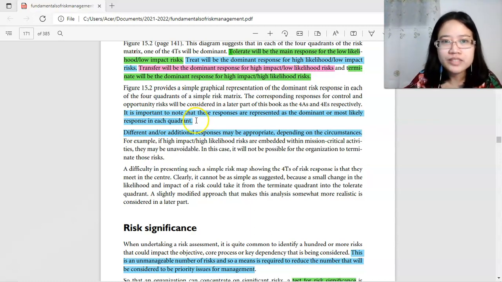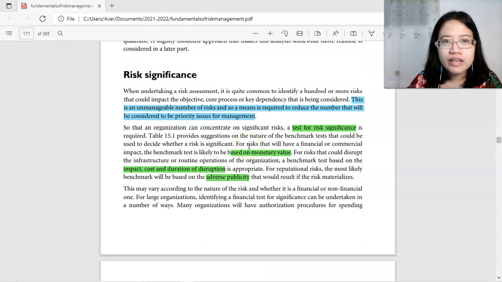Yeah. It is important to note that these responses are represented as the dominant or most likely response in each quadrant. Different and or additional responses may be appropriate depending on the circumstances. Okay, tapos we have itong risk significance. This is unmanageable.